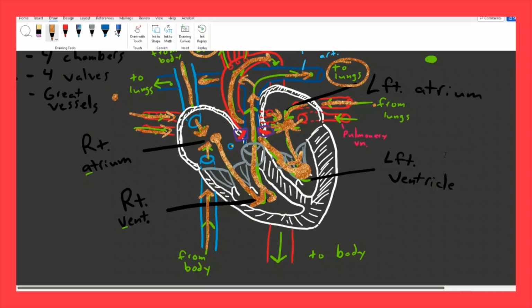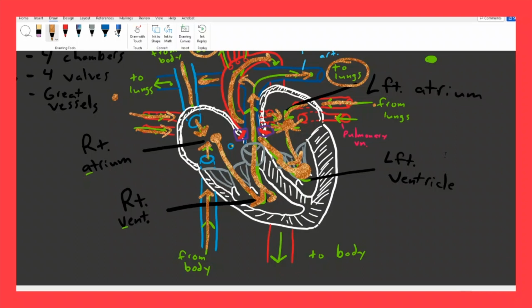Looking at this diagram, let me just throw one potential example question out for you. Blood is in the left atrium. What chamber will it go into next? Well, when you're looking at the chart like this, it's easy to see left ventricle.